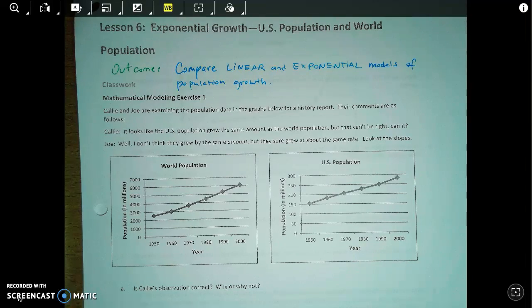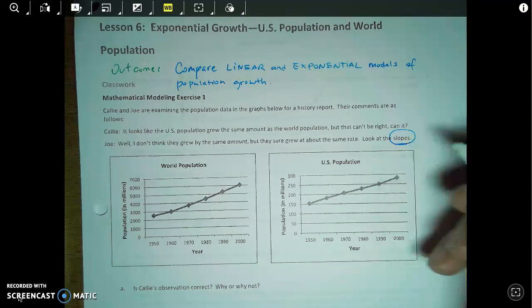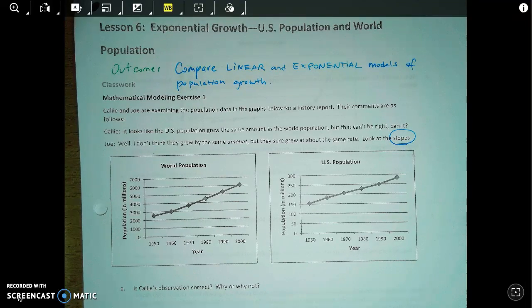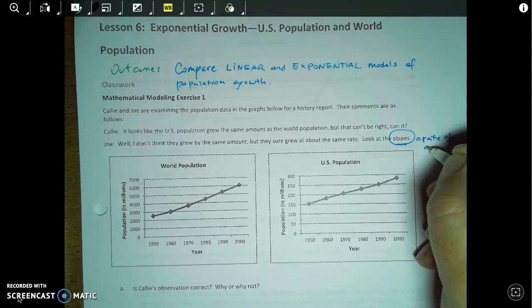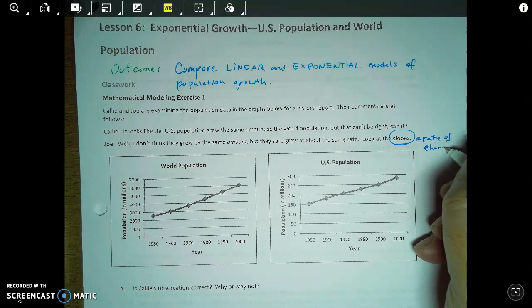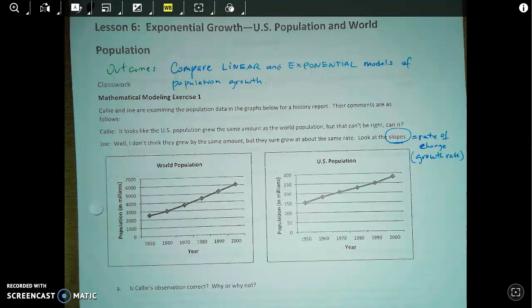Look at the slope. Now remember, that's what he says, look at the slopes, because the slope represents the rate of change, or we can say how much they grew, the growth rate. So let's look at the first question.